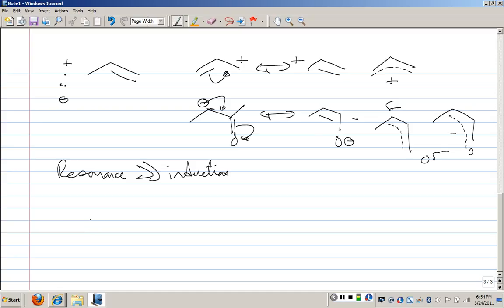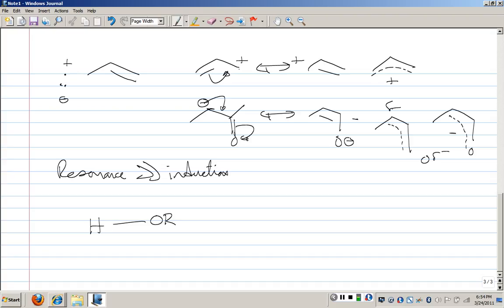So if I have H attached to O, yes, the O is more electronegative than the H, and the electrons will drift towards the O. But the amount of drift they're allowed is compromised by the fact that the electrons are held tightly in the OH bond. Okay? So induction is present, but the effect of induction is weak.